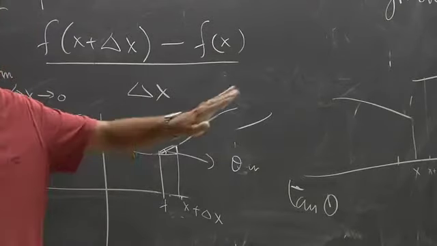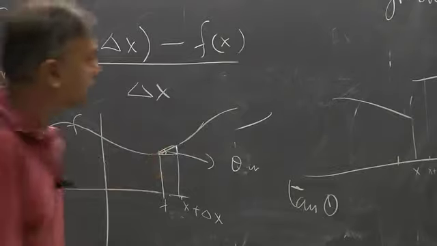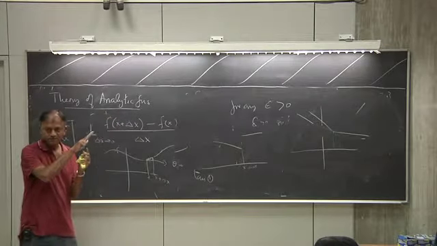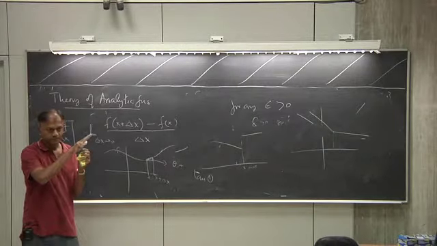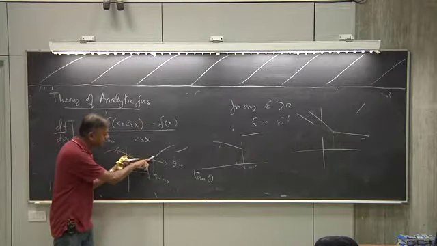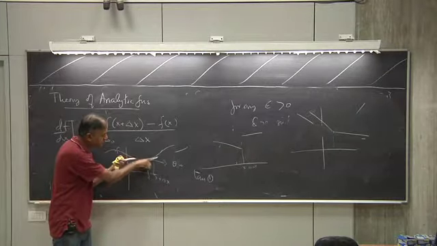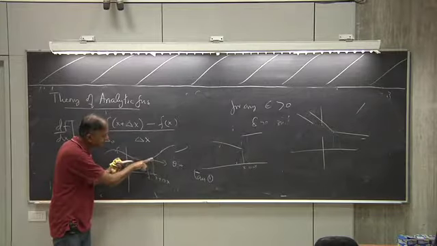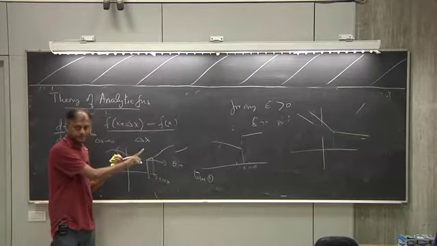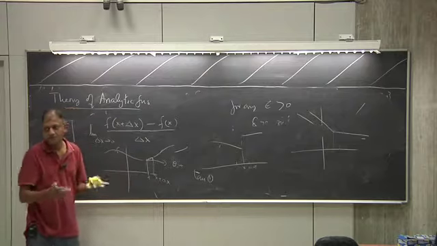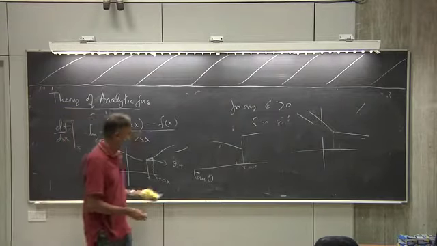It has information about the tangent of that curve, or the slope of that curve. That's what is called the slope. So the angle that tangent makes with the x-axis, you take the tan of that. That's called the slope.